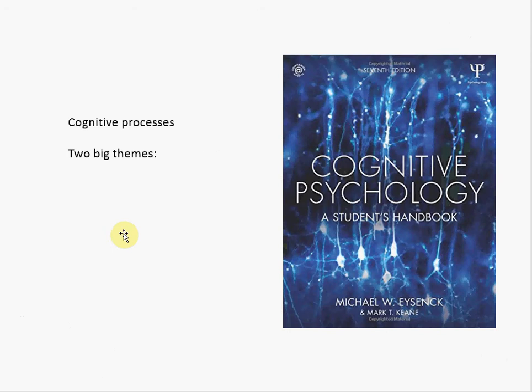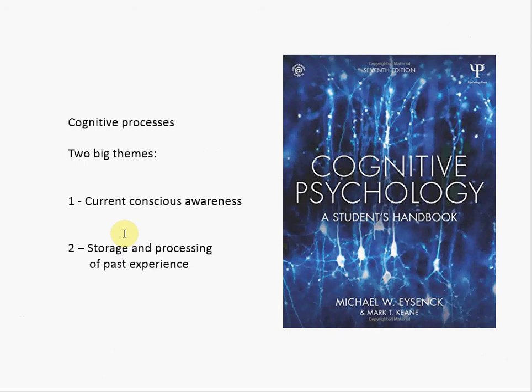And within cognitive psychology there are two big themes I would suggest. If you look through current leading texts, for example this one by Eysenck and Keane. So the two big themes are conscious awareness, encapsulated in models such as Alan Baddeley's working memory model, and how we store and process past experience, and how that past experience comes to influence our current behaviour.